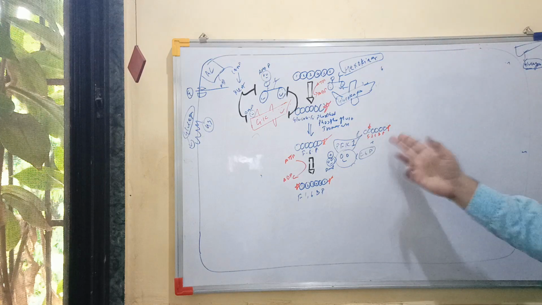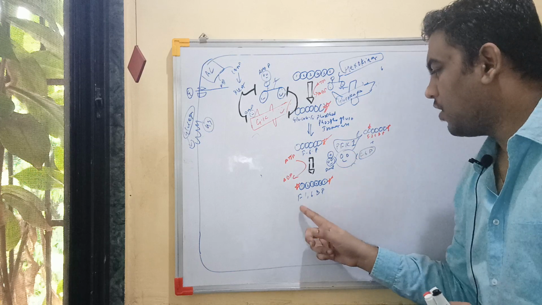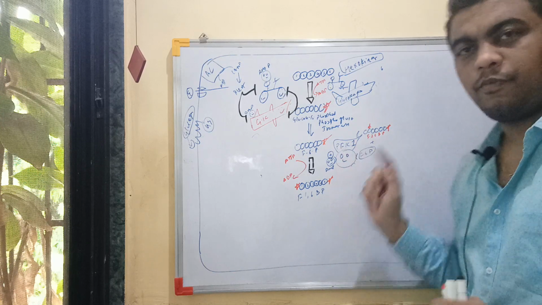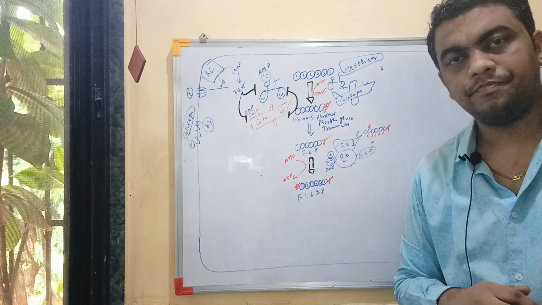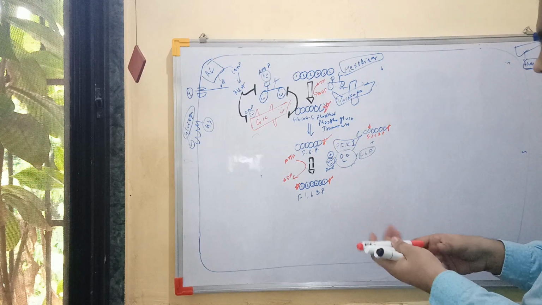Now you will ask, sir, where is this from? From where is fructose 2,6-bisphosphate coming? We know how fructose 1,6-bisphosphate is coming; it's from phosphofructokinase type 1. But from where is fructose 2,6-bisphosphate coming? This is also coming from this pathway only.